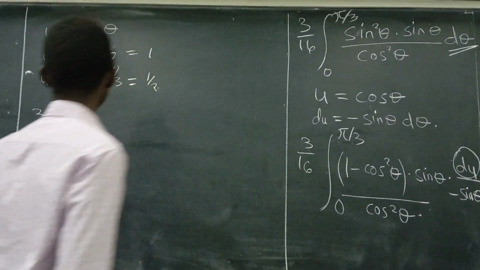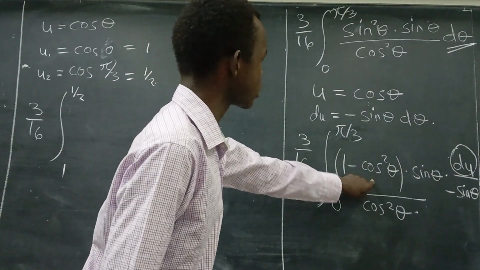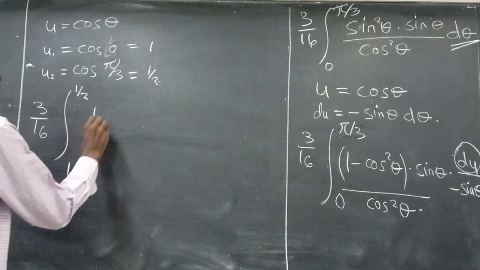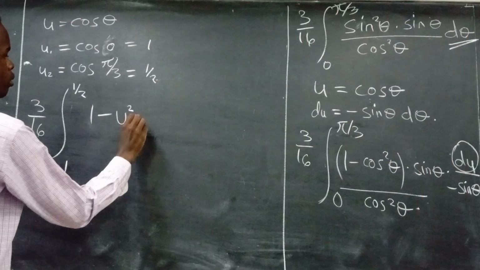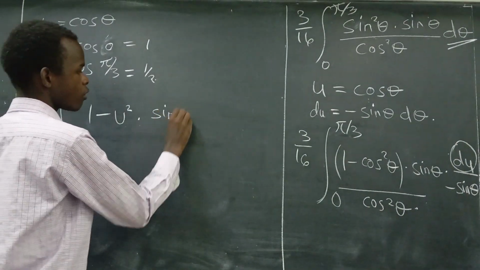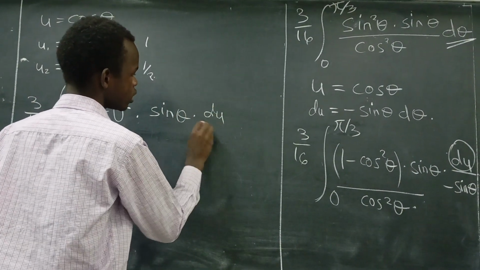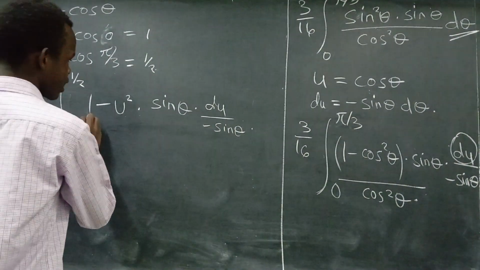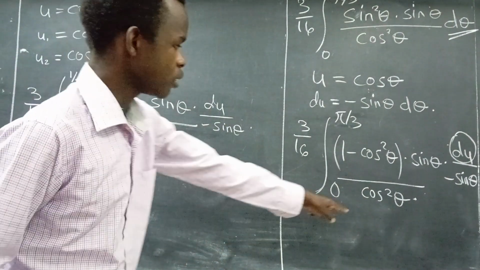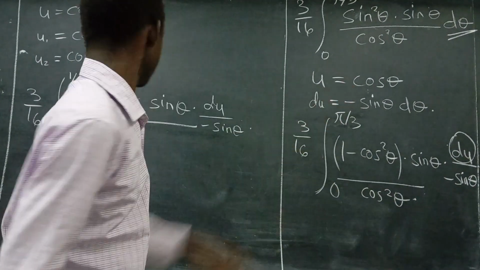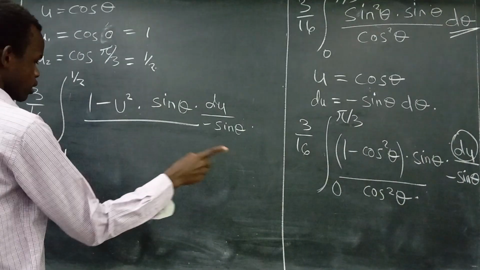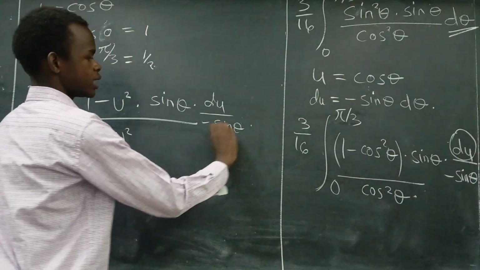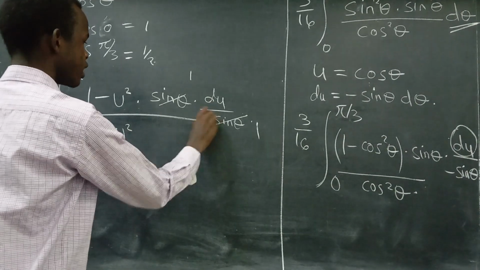So from there, let's replace our integral. What's our u? Our u is cos theta. So cos squared theta is just the same as u squared. So I'll get 1 minus u squared, multiplied by sine of theta, multiplied by du, divided by negative sine of theta. From there again, I'll divide all that by cos squared theta, which is u squared. As you can see, my sine cancels with the sine and the negative remains.